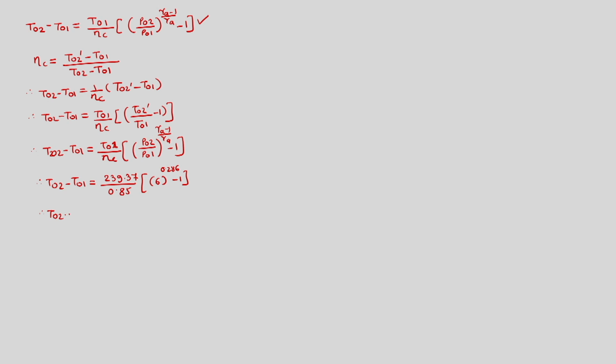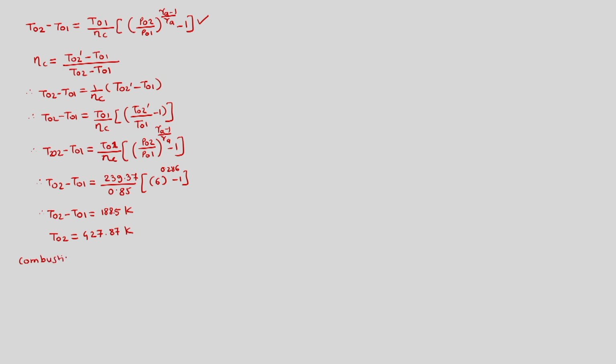So this gives us actual temperature difference as 188.5 Kelvin. So we can find out total temperature at the exit of the compressor as 427.87 Kelvin. Now we know everything at the compressor output or outlet.